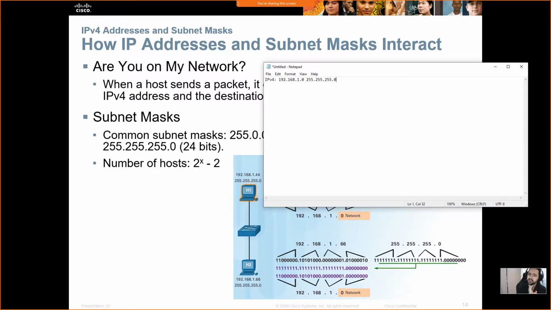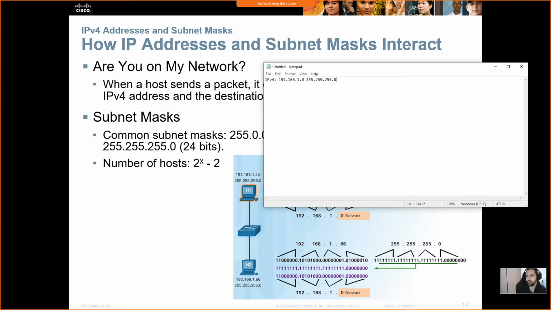That is because this address belongs to a specific class of address that we're going to discuss later on, so it has a specific subnet mask.